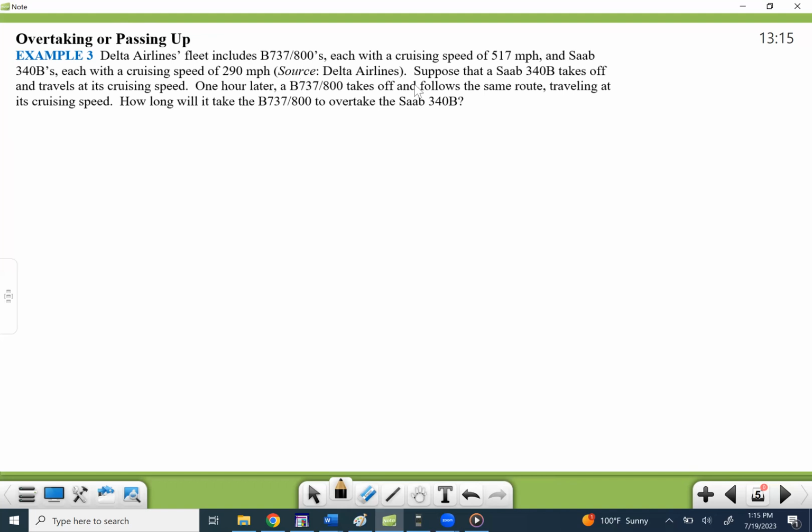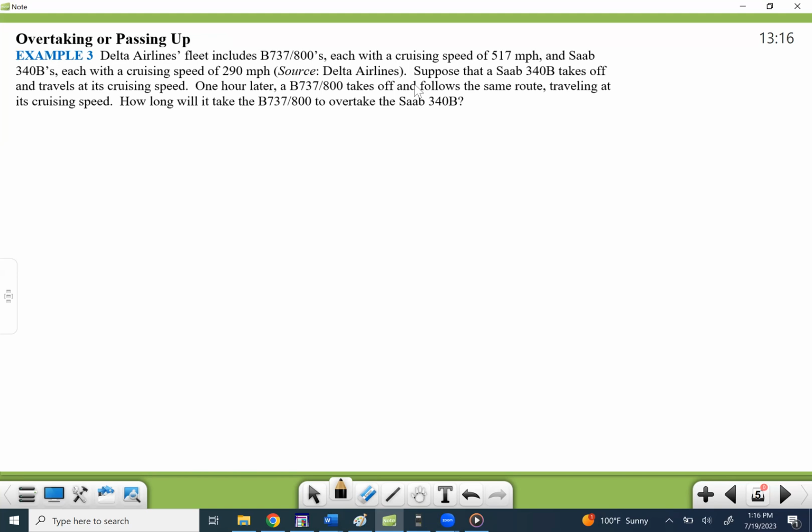Suppose that a Saab 340B takes off and travels at its cruising speed. 1 hour later, a B737-800 takes off and follows the same route, traveling at its cruising speed. How long will it take the B737-800 to overtake the Saab 340B?